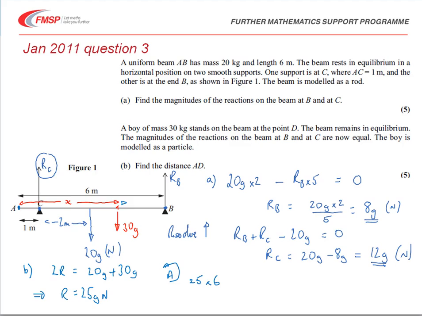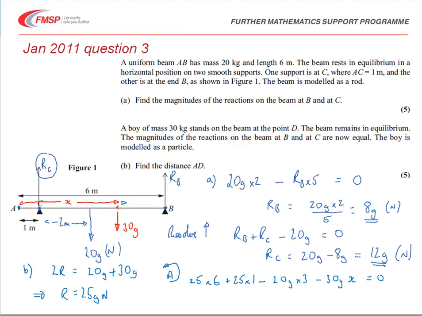The reaction at C is 25 multiplied by 1. And then in the opposite direction, so minus, we have the weight of the beam, 20g at a distance 3, and also now the 30g at the distance x that we're trying to find. And we can equate that to 0.